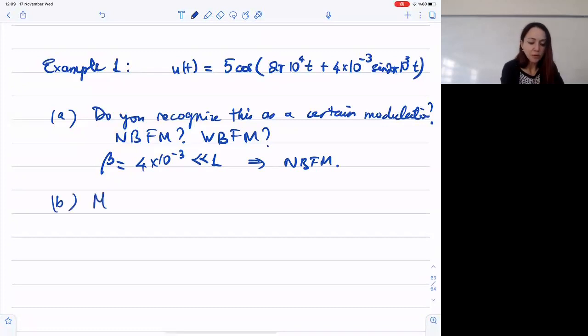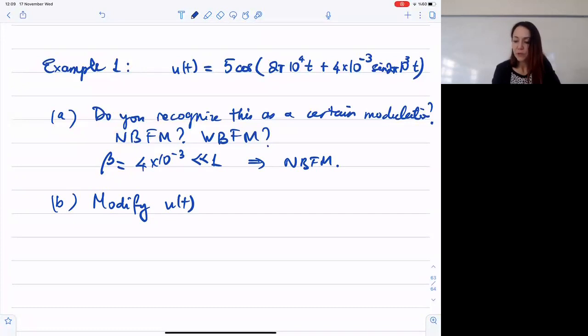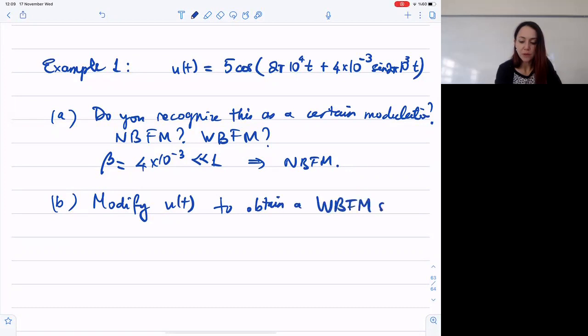Now the question is, how do you modify u of t using certain circuit elements like frequency multipliers, local oscillators, and filters, to obtain a wideband FM signal with the following properties.